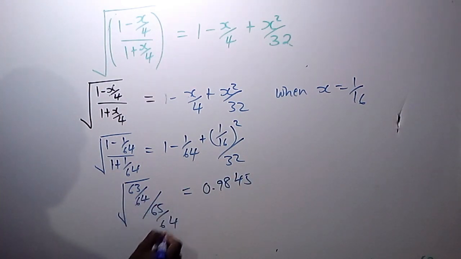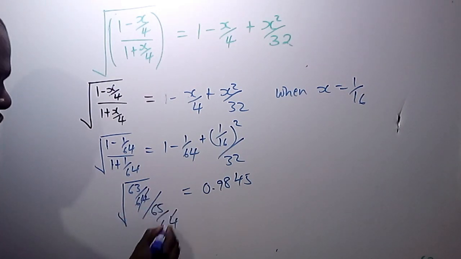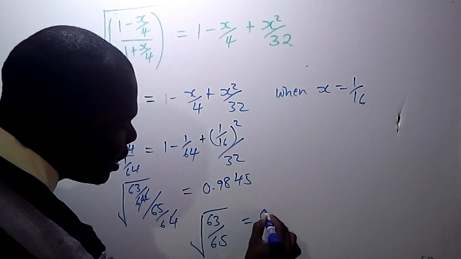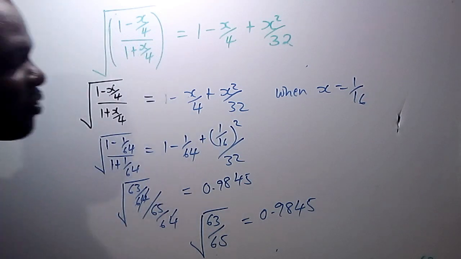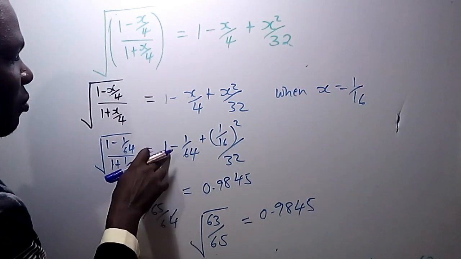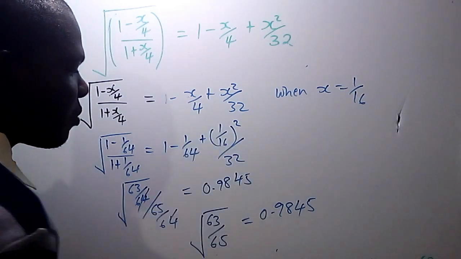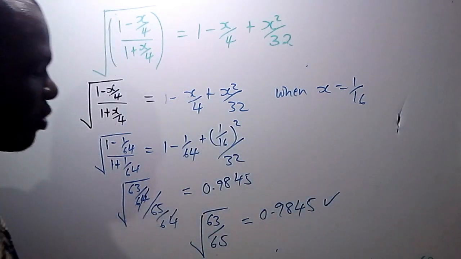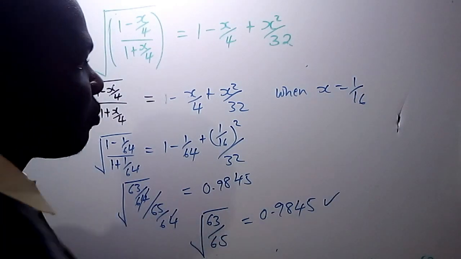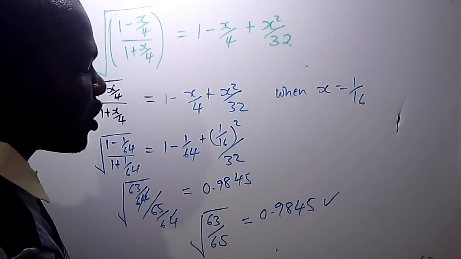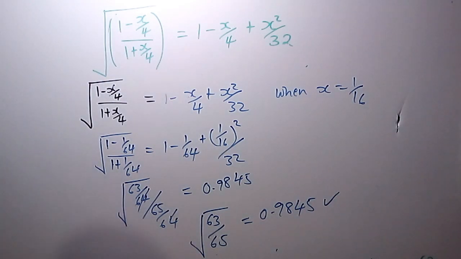Here, 64 cancels with 64, and you remain with root 63 over 65 to be 0.9845 to 4 decimal places. So we've actually shown when the value of x is 1 over 16, then root 63 over 65 is approximately 0.9845.